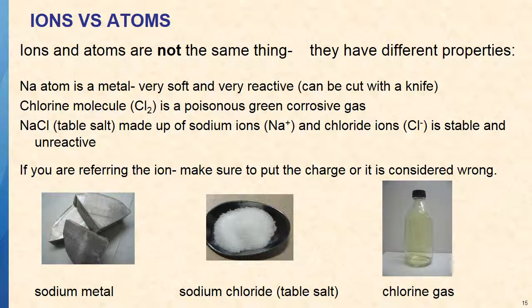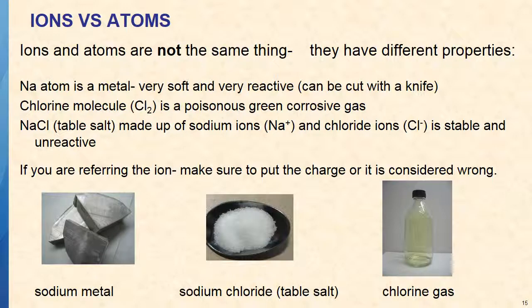Okay, just want to point out and make sure that you realize an ion and an atom are not the same thing. They have very different properties. For example, sodium metal is a very soft, shiny, very reactive metal. You can cut it with a knife. It's that soft, sort of like butter.